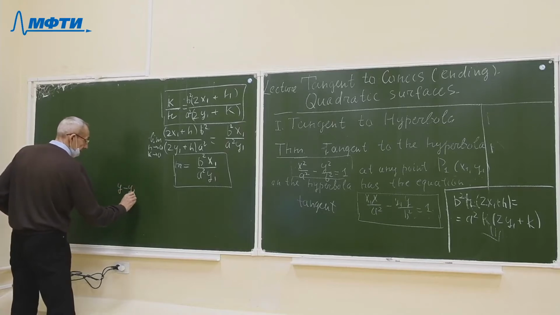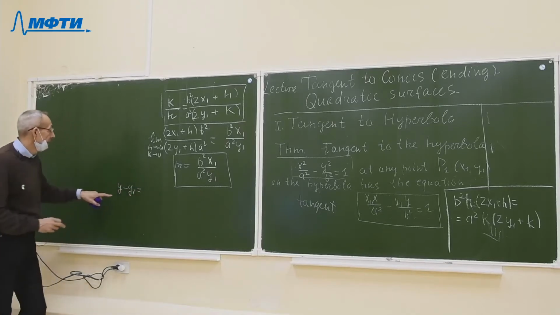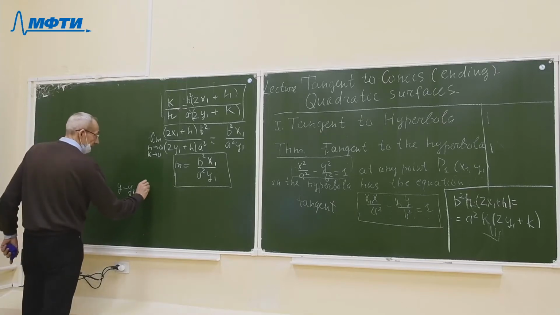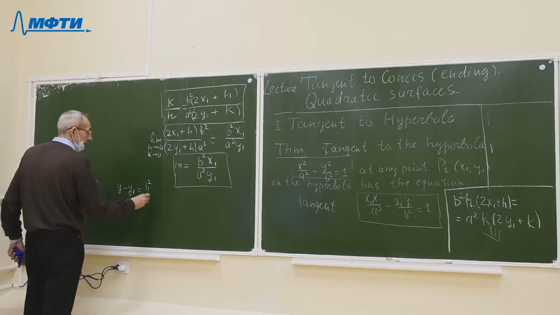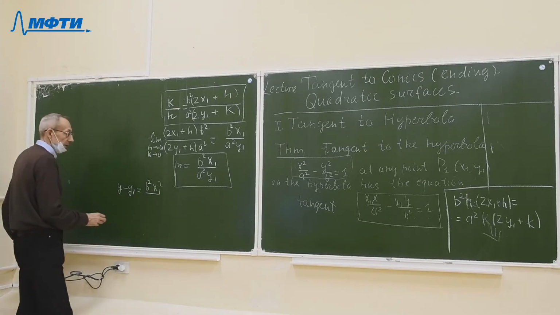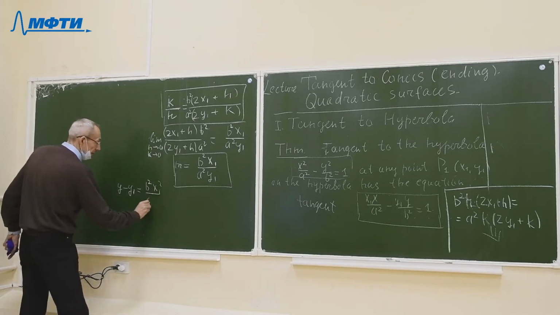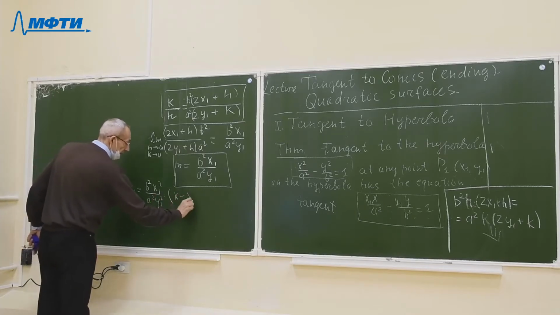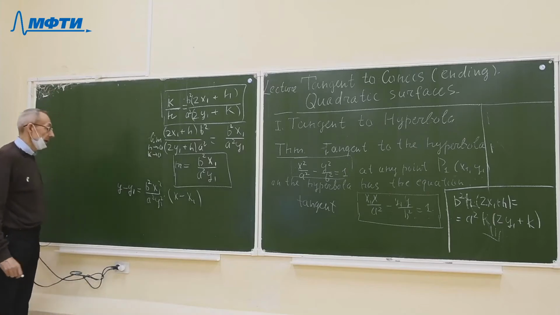We obtain the following formula: y minus y1 is equal to the product of m, which is the ratio b square x1 and a square y1, times x minus x1.